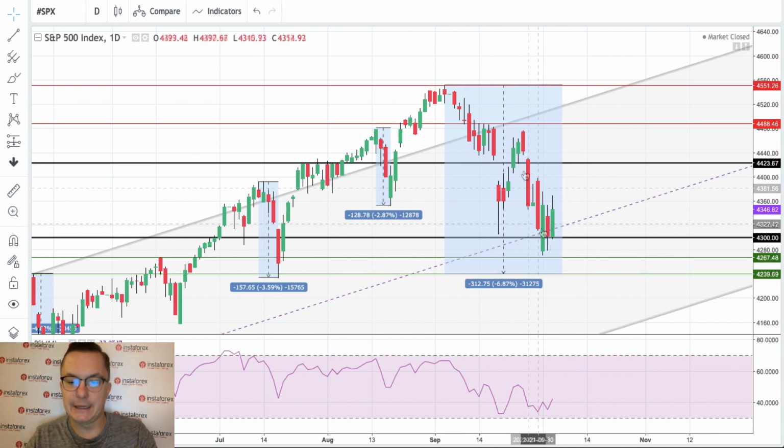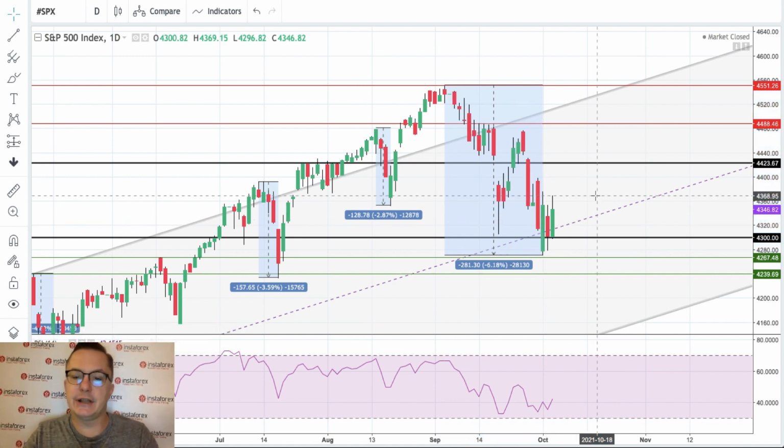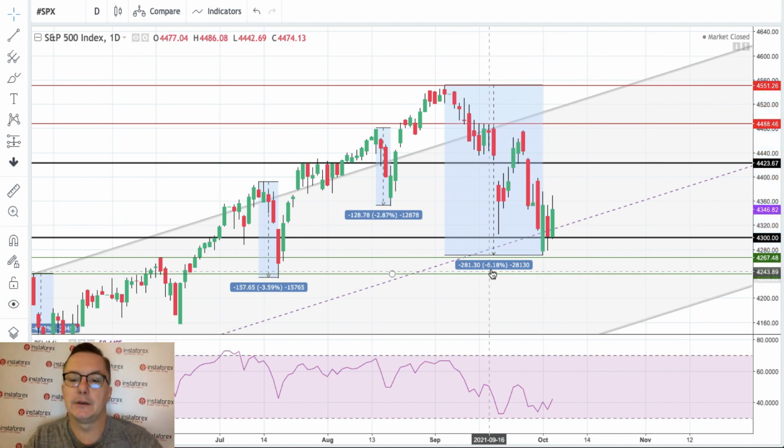Moreover, as you can see here, we already retraced around 6.5%, 6.20 to be exact, and we are fighting for this level here, 4,300, 4,267.